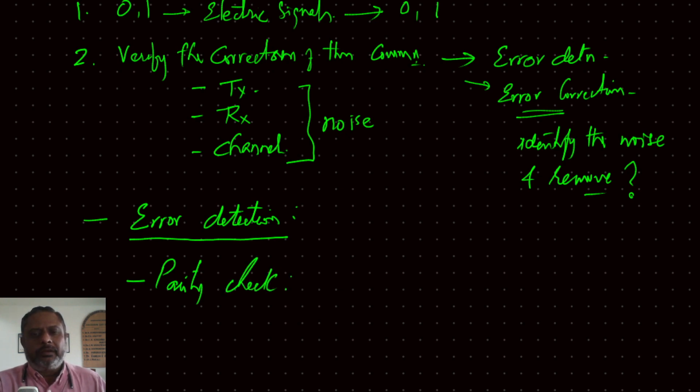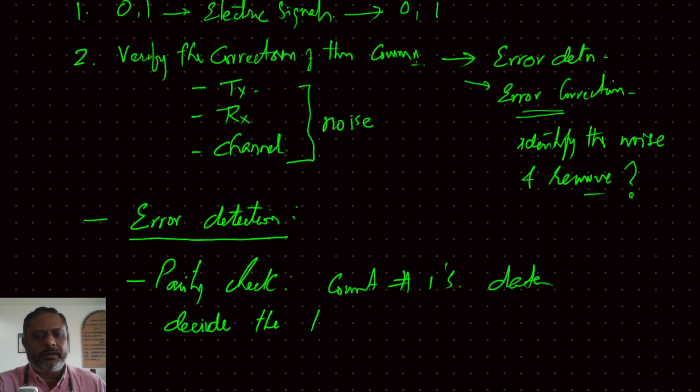Here we count the number of ones in the data, and we decide the type of parity we are going to use. It can be either even parity or odd parity.